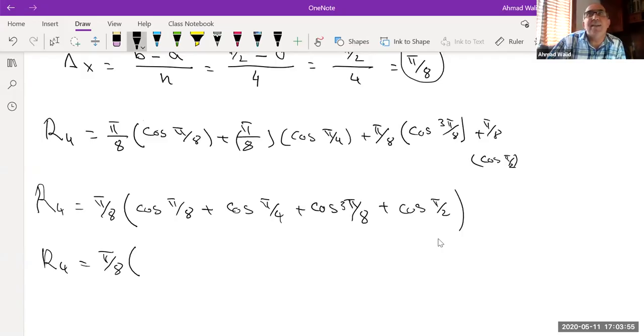Give me 3 decimal places. Cosine of pi over 8, please. Anyone with a calculator?